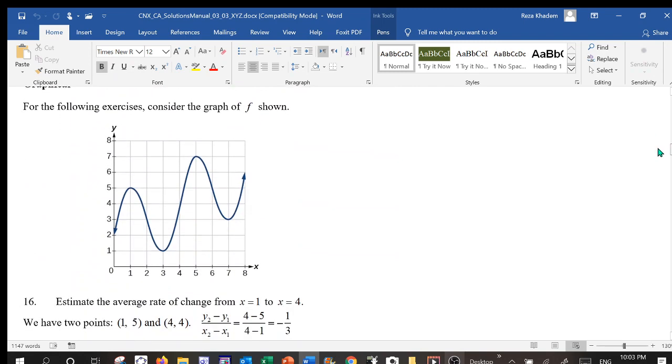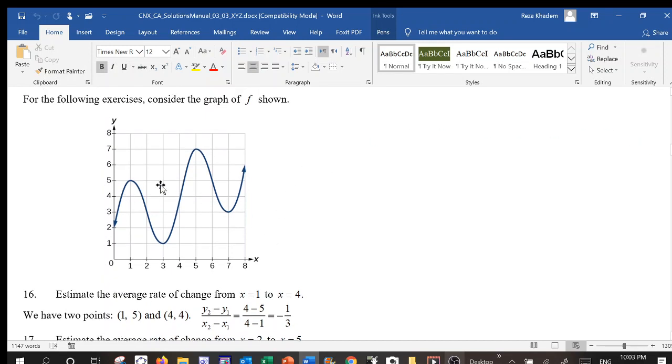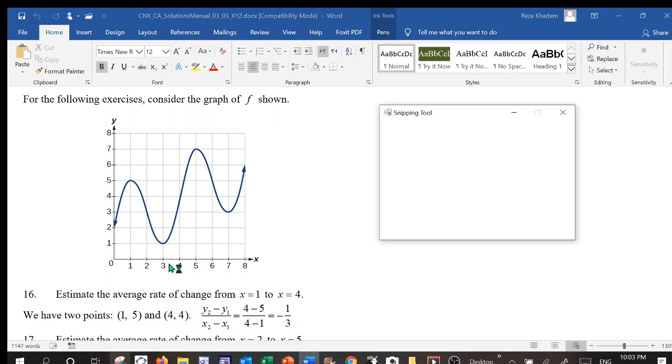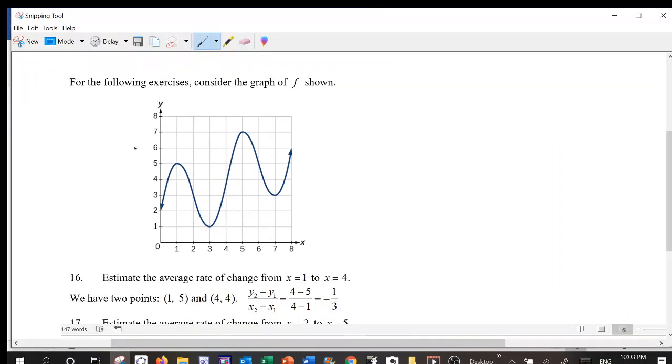So number 16, we have a graph, and what we are supposed to do is from the graph estimate the average rate of change from 1 to 4, right? So let's do that. From 1 to 4. So when x is 1 right here, y is 5. So we got 1 and 5.